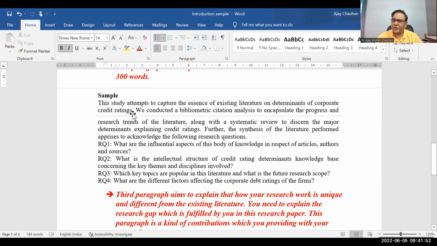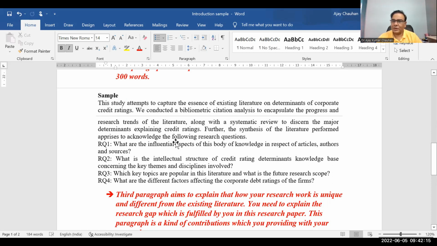So we found that most of the papers write that this study attempts to, like this, or the objective of this paper. So they started with this kind of sentence. So this study attempts to capture the, okay. So it is a systematic review paper. So whatever we are going to do in this paper, we mention that.